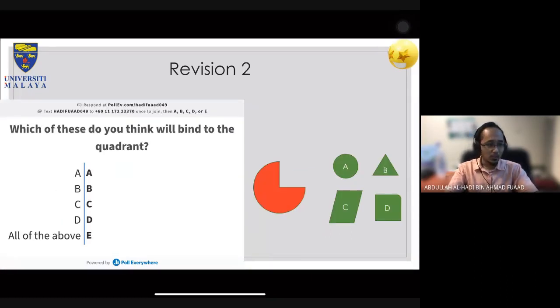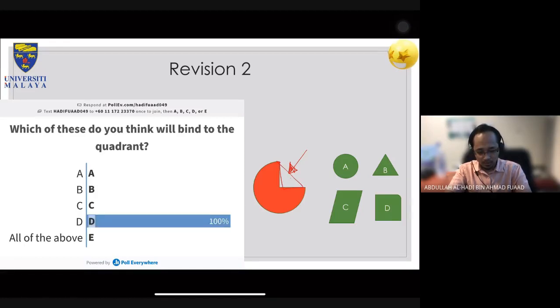Next one, which one of these do you think will bind to the quadrant? The quadrant meaning this quadrant over here. Which one do you think will bind to that quadrant? Anyone else trying? I have 10 now, 11.